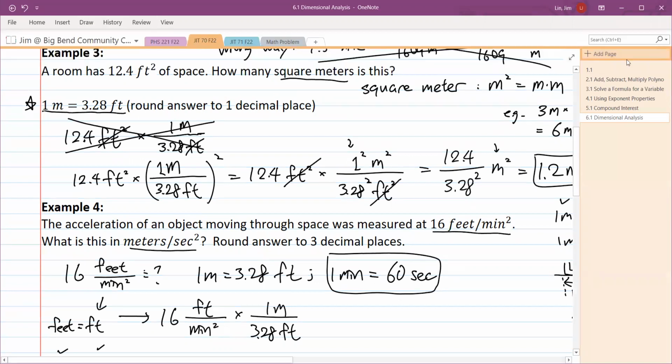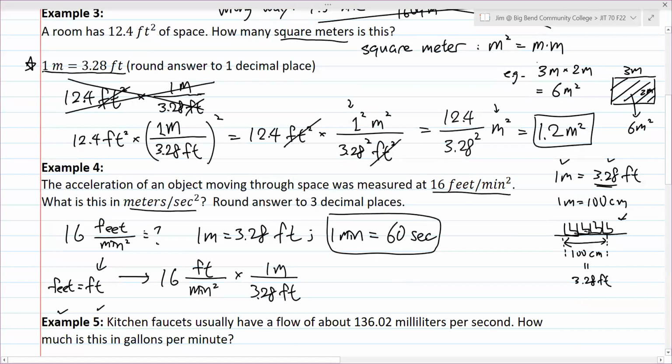We do that for the first fraction, and then for the second fraction, now we have to square the entire fraction because we eventually want the second squared on the denominator. Then feet units are divided out, minute squares are divided out.